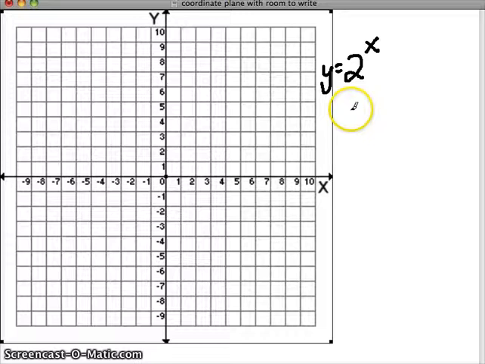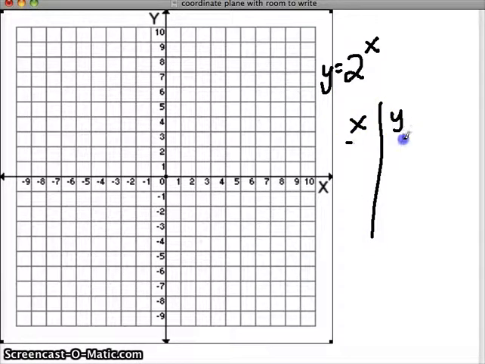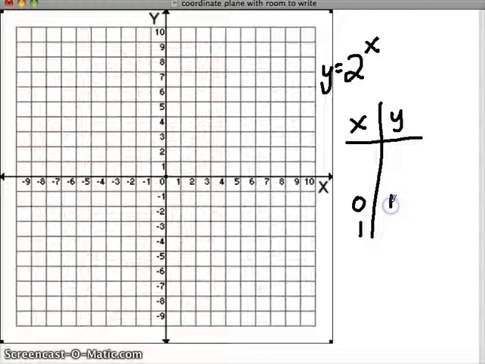Let's see what that looks like. Come up with an xy table. 0 and 1 first. So 2 to the 0 power is 1. So 0, 1. 1 as an exponent would be 2 to the first power, that's 2. So 1, 2 is another point on our graph.